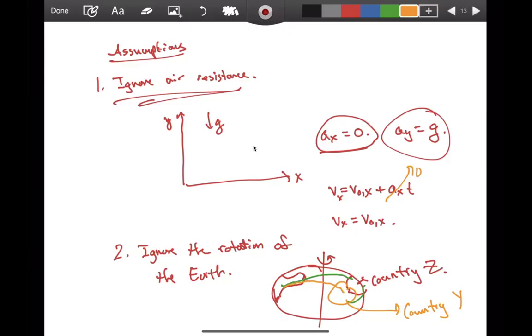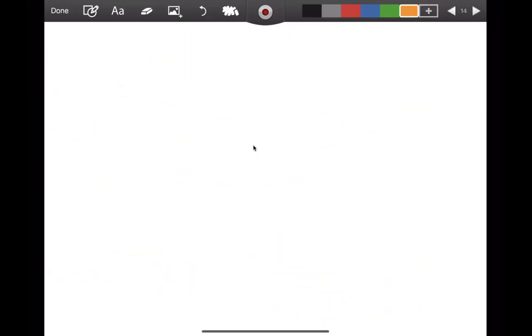So this is our assumption number two. Those two assumptions together basically mean that the motion of the object will follow a parabolic path. So these things mean that the motion will be parabolic.